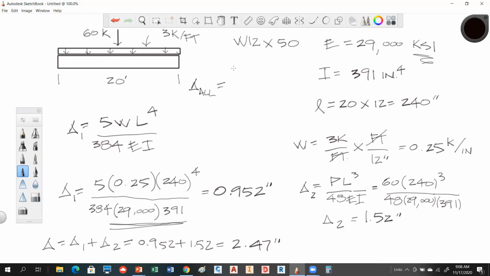For a floor member, dead load plus live load says that your allowable deflection for this member would be L divided by 240. So L is going to be 240 divided by 240. What's our allowable deflection? 1 inch, right? This exceeds this, so this wouldn't work, would it? Under those conditions, if that's what your building code says.